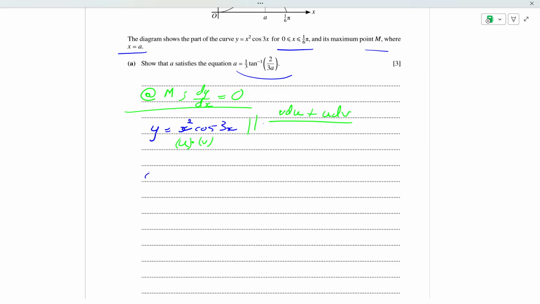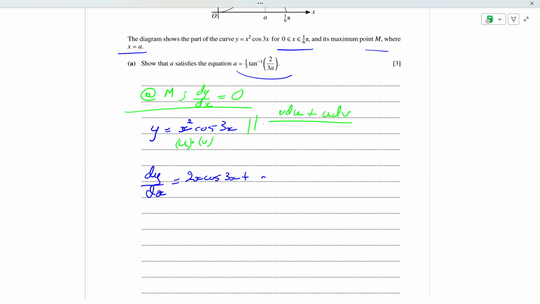So dy dx would be equal to: we are differentiating x squared and then holding cos 3x constant. So that will give us 2x multiplied by the constant cos 3x. Then we add the derivative of cos 3x in this case, which is minus 3 sine 3x, multiplied by the constant x squared.